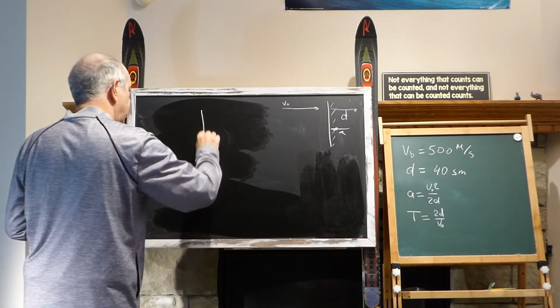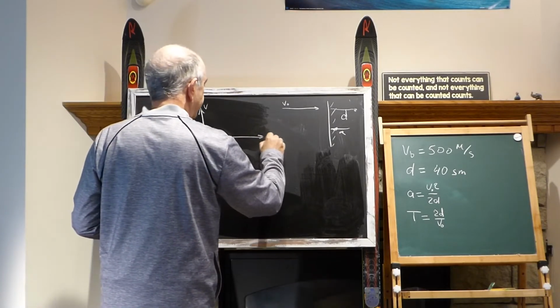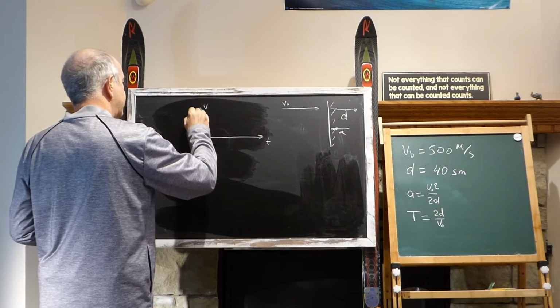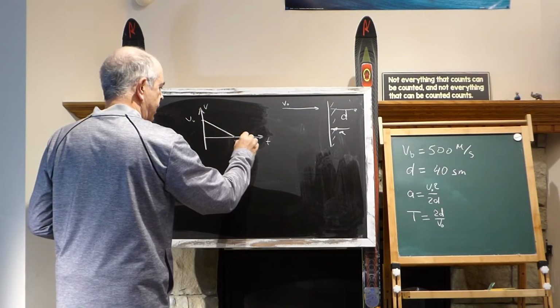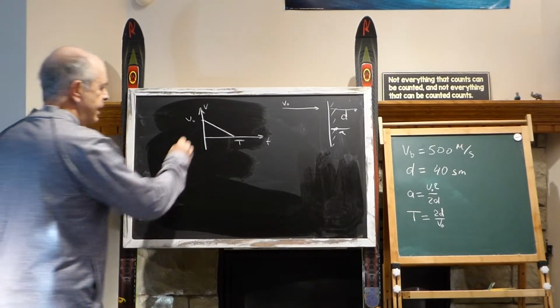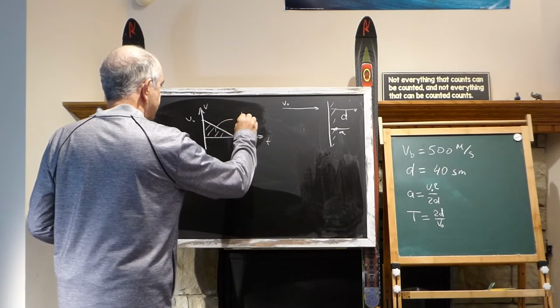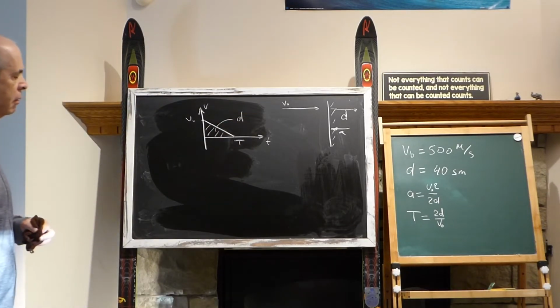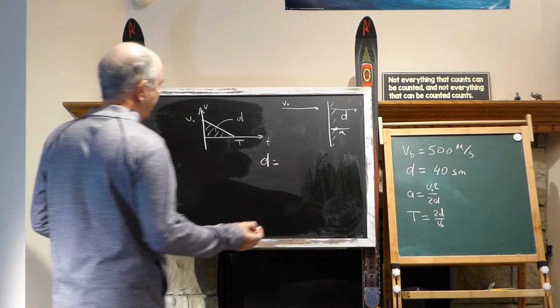If I draw the graph of velocity over time, this starts at V0, and this goes down because it's a deceleration, at the moment T it stopped. I can say that this area is D. But if this area is D, I can approach it.